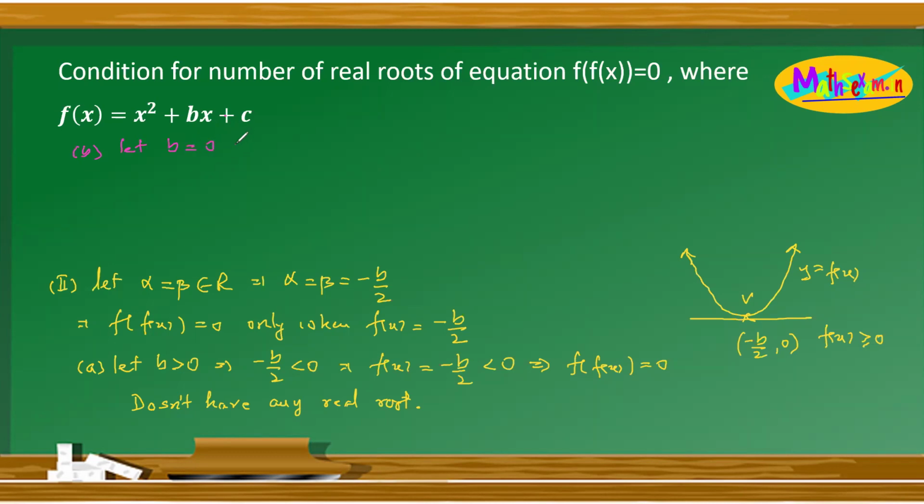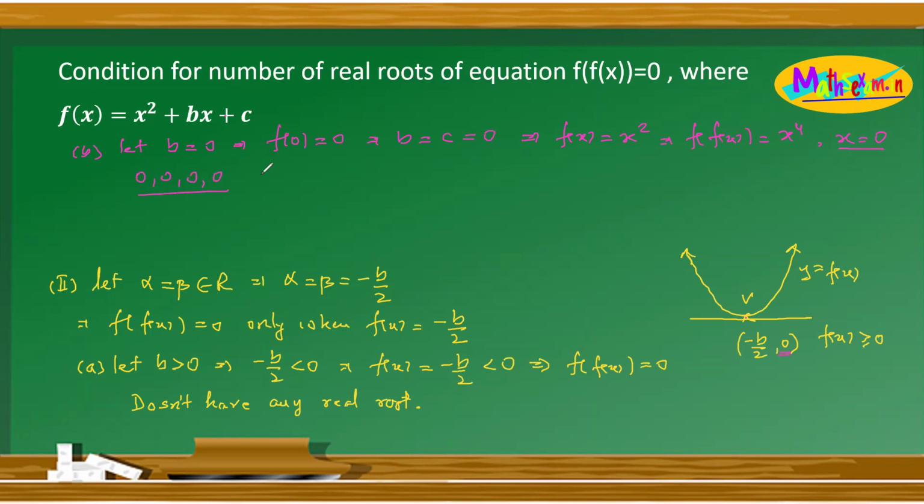When b is equal to 0, that means the x coordinate of the vertex is 0. Or in other words, b and c are both equal to 0, so f(x) is nothing but x². Then f(f(x)) is nothing but x⁴, which has only one distinct real root, that is 0, but all the 4 roots are real and all 4 roots are 0, 0, 0, 0.